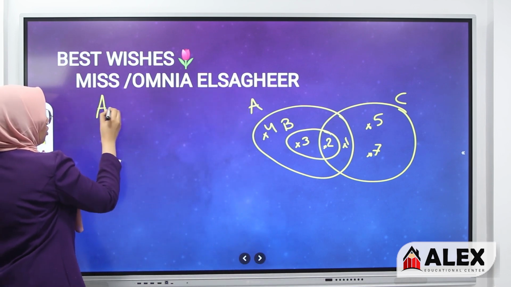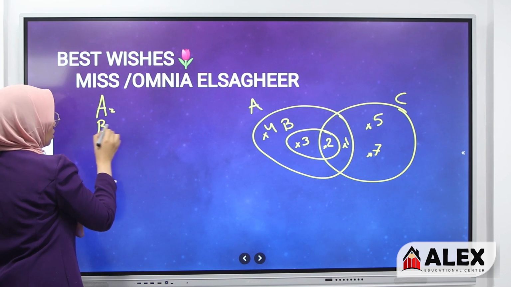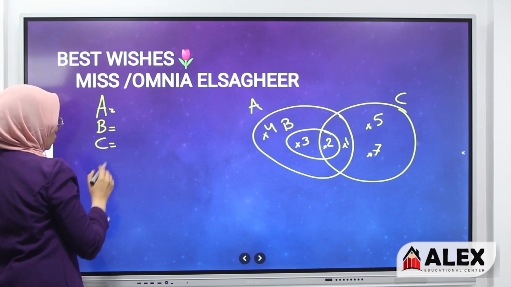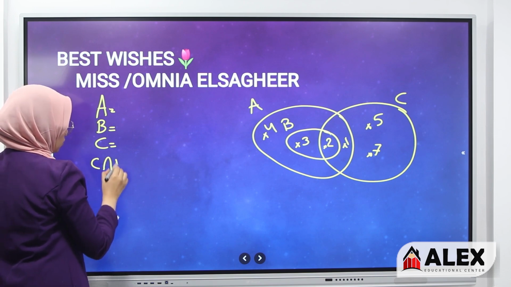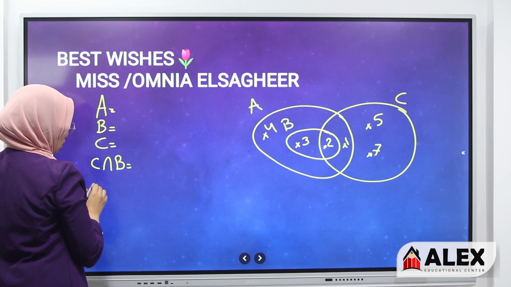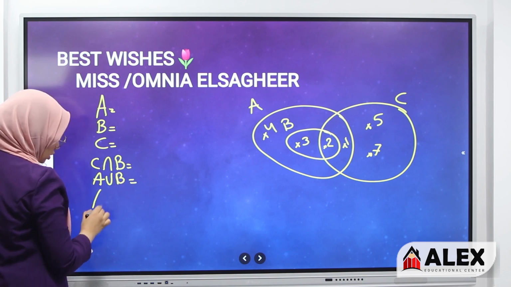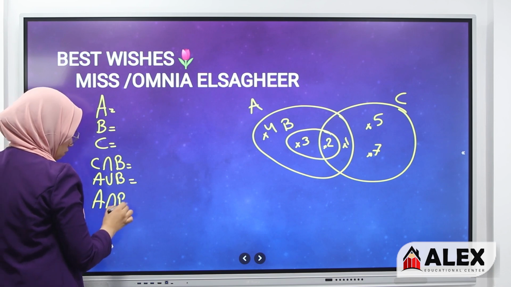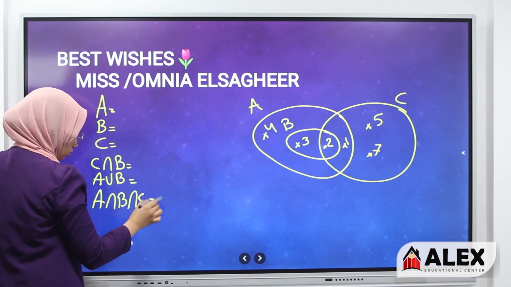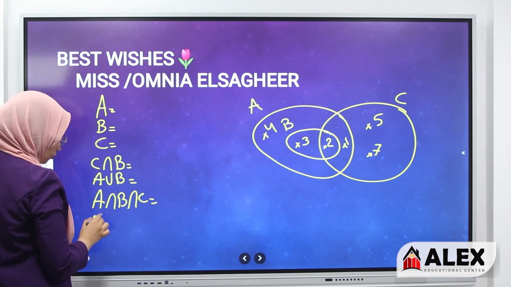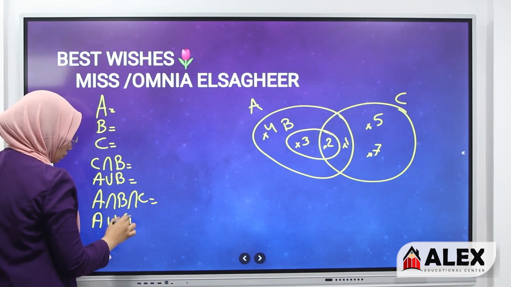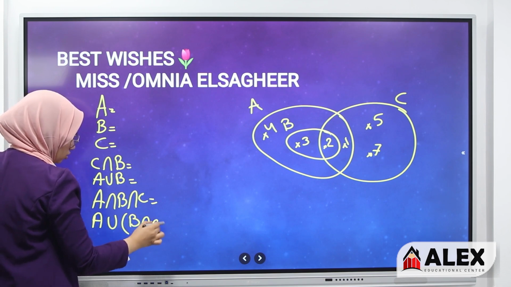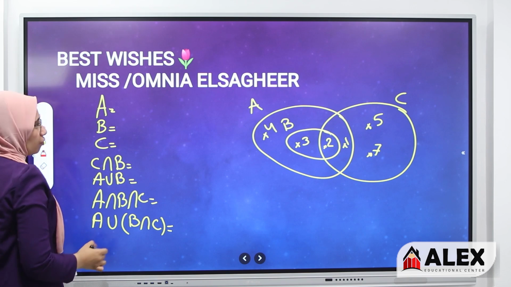Write the set of A, the set of B, the set of C, C intersection B, A union B, A intersection B intersection C, and A union B intersection C. Let's solve it.